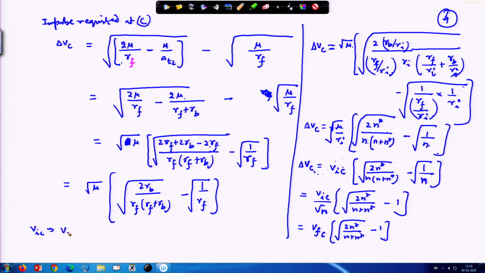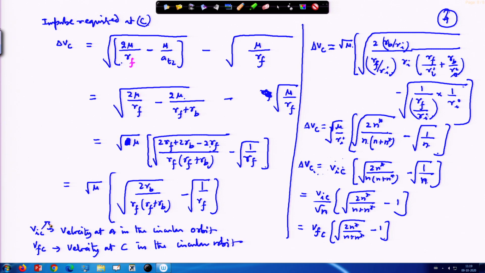VIC is the velocity at A in the circular orbit. This is very important to note, because the notation I have used, these two have got mixed up. Velocity at A in the circular orbit, and VFC is the velocity at C in the circular orbit.